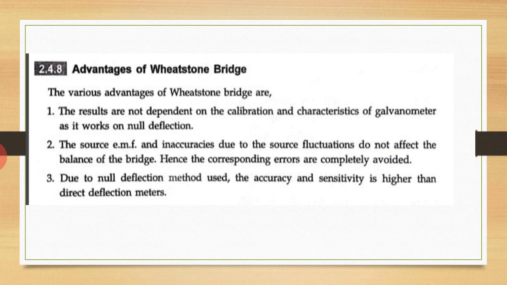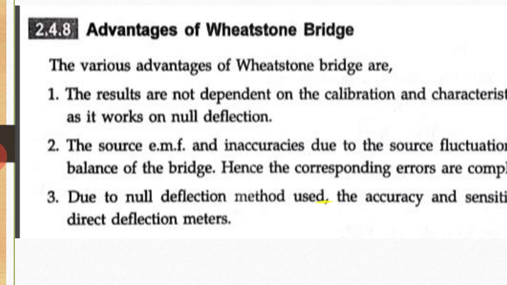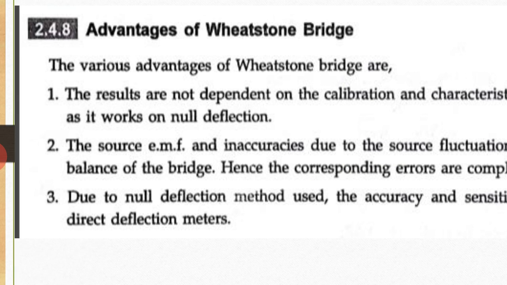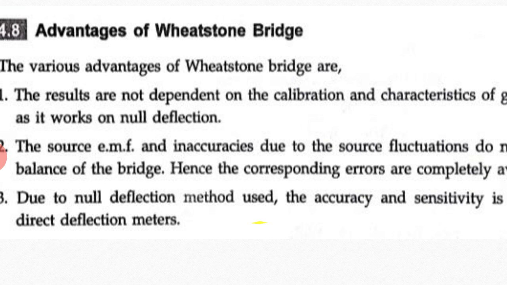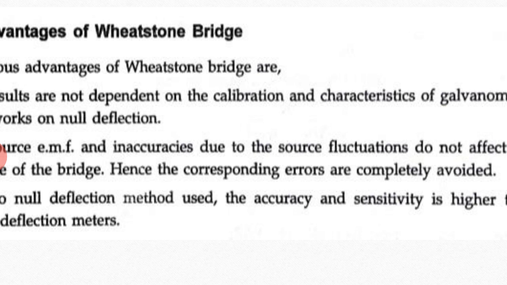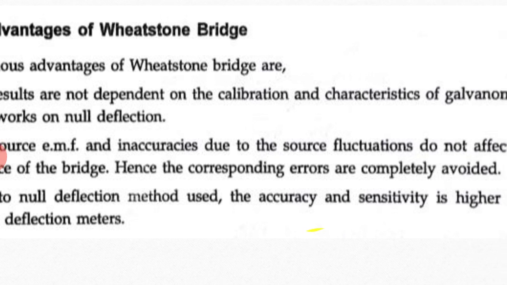Next is the advantages of the Wheatstone bridge. First, the results are not dependent on the calibration and characteristics of the galvanometer, because it works on null deflection. Second, inaccuracies due to source EMF fluctuation do not affect the balance of the bridge, hence the corresponding errors are completely avoided.